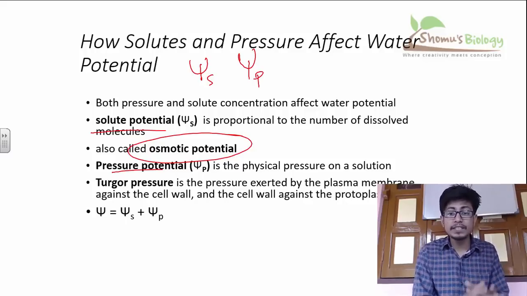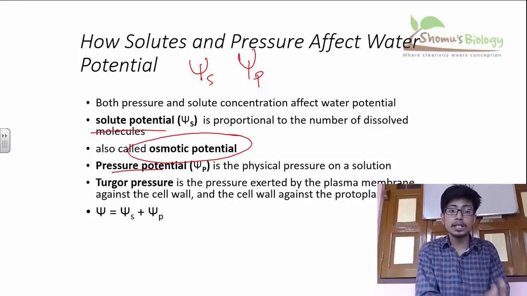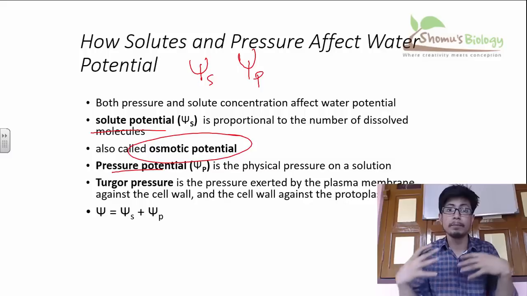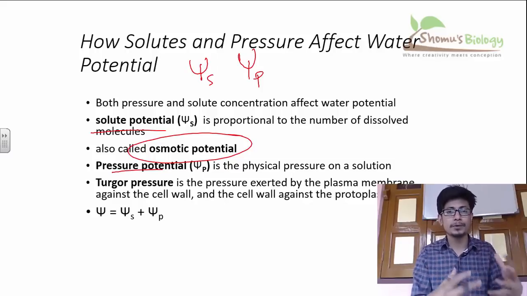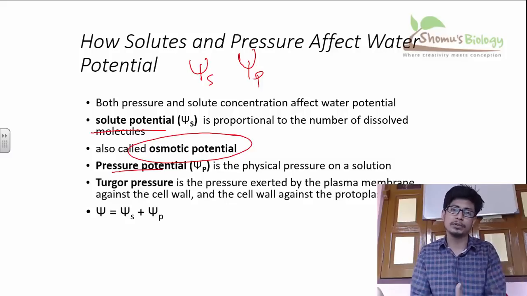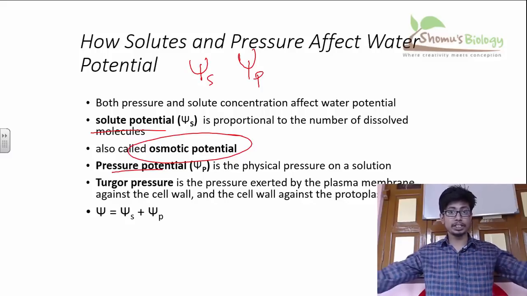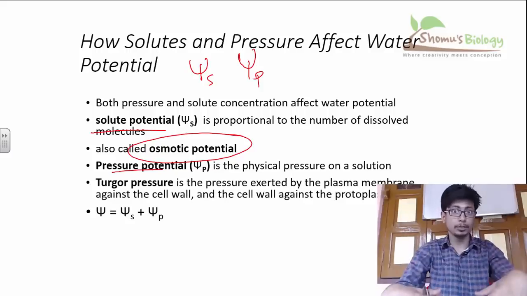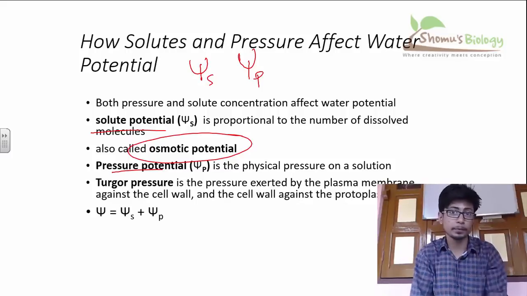Pressure potential is the physical pressure that is applied towards the solution, while solute potential is proportional to the number of dissolved molecules that are present. So if you have a high concentration of dissolved molecules, obviously solute potential is going to increase, and if solute potential increases, water potential also increases, because in this case water is acting as the solute. And pressure potential is the potential that is applied on a solution, not applied by the solution, applied on the solution. That is pressure potential.